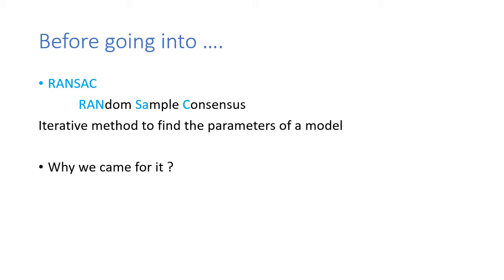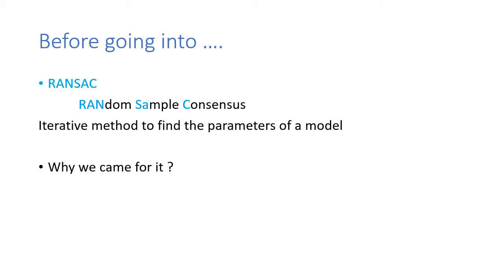As the name suggests, we randomly choose a sample and find the score of that sample. We iteratively do this for a certain number of times. Among all the samples, the sample getting the most consensus, that one we will take as the final one.